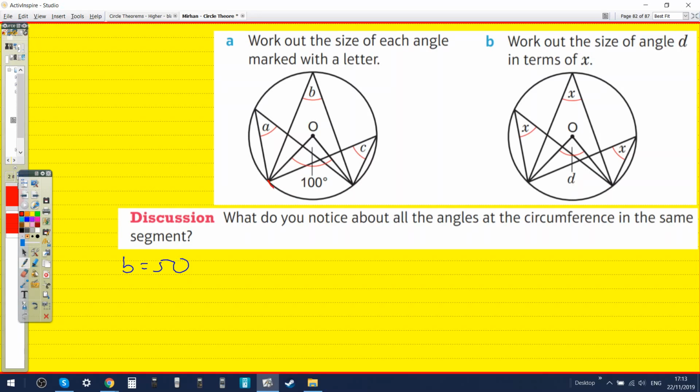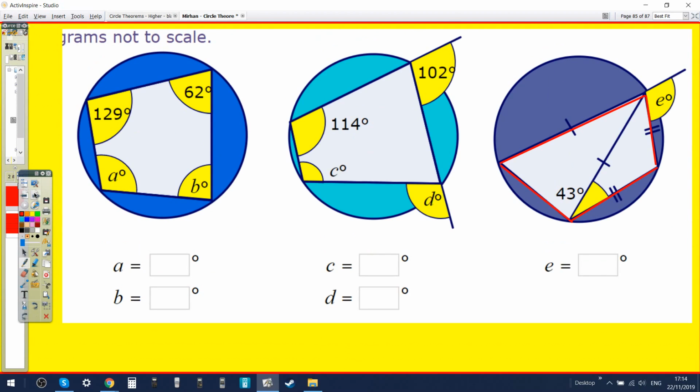From then on, I'm not sure. I believe they're all going to be 50, A, B, and C, because all three are sitting on the same arc, so they're subtended by the same arc. Standing on the same arc.